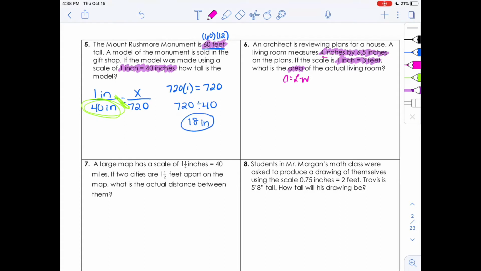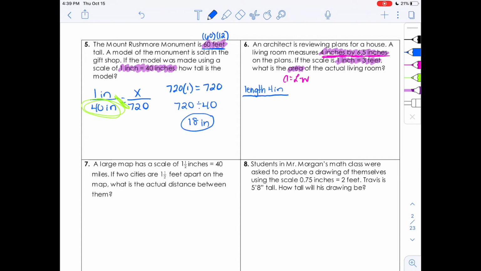The problem tells us our length and width from the drawing is 4 inches and 6.5 inches. We can't use these numbers to find the area. So we can use these numbers in the scale to find our actual dimensions and then find the area. So first, let's focus on the length of 4 inches, and let's find that actual length.